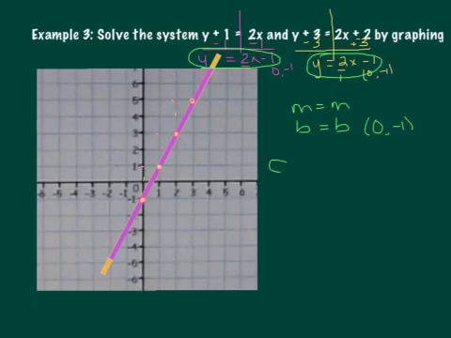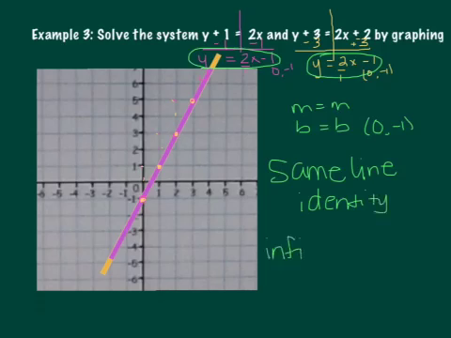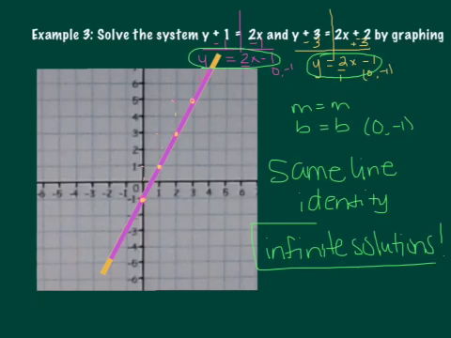These graphs are the same line, and if they're the same line, we have two names for this. One of them is called identity, and the other one is called infinite solutions. So either one of those would be fine.